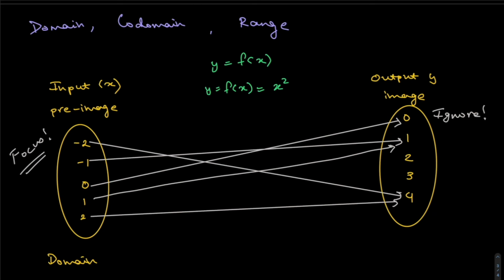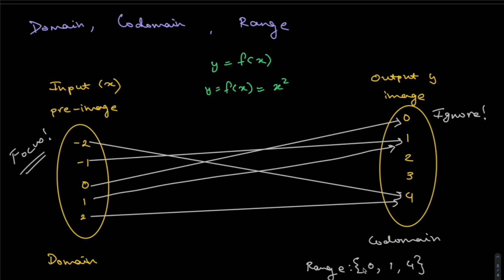Now let's talk about codomain and range. So basically, this is set B, and all the values, 0, 1, 2, 3, 4, are part of the codomain. So what is the range then? Range are only the values that are mapped from the domain. So range here in this case, the only values in the range are 0, 1, and 4. That's it.